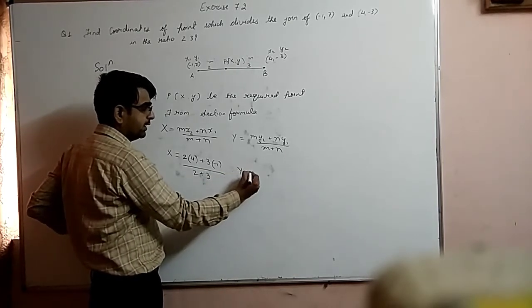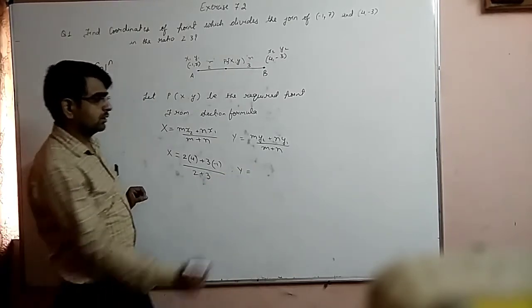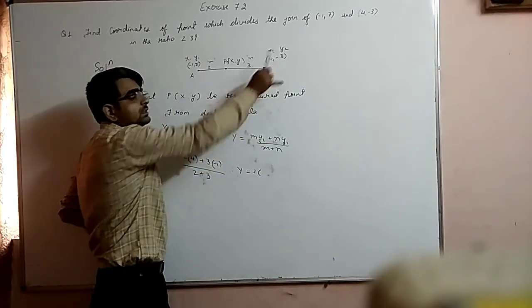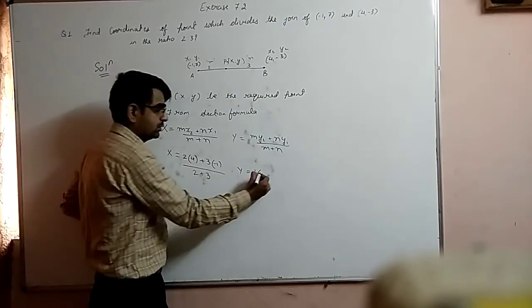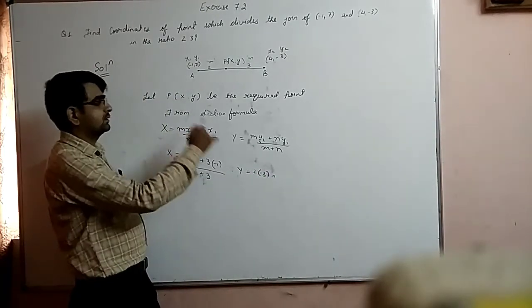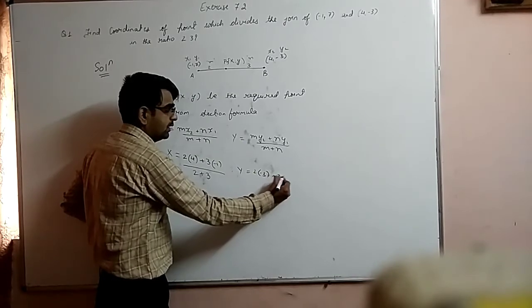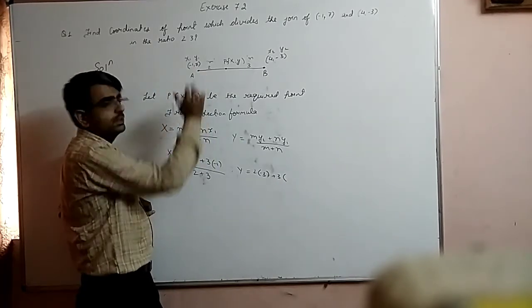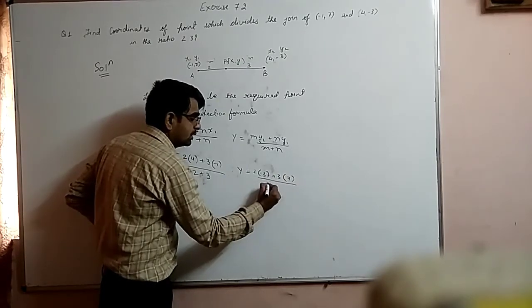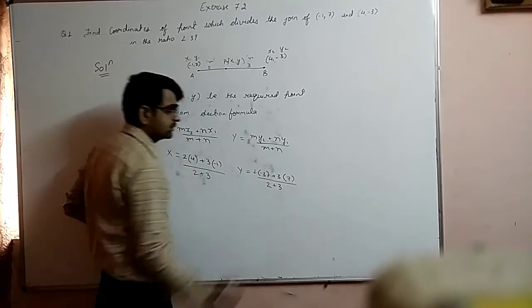Similarly for y, m is 2. Now y2 is -3, so instead of y2 I will write -3, plus n is 3 and the value of y1 is 7, so 7. Now m plus n is 2 plus 3.